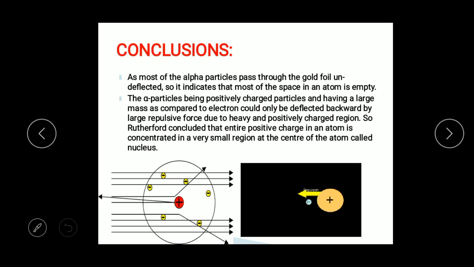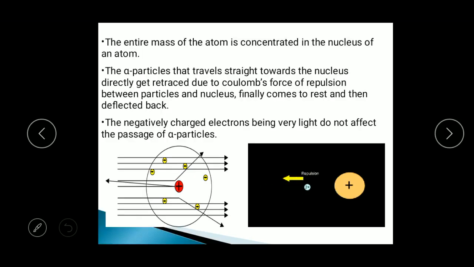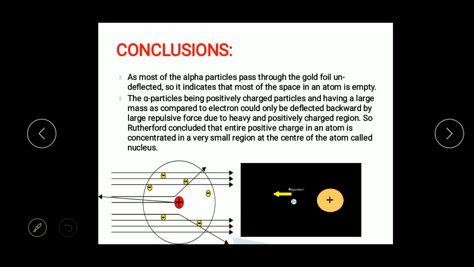So it is also called the nuclear atomic model. Then the next conclusion is that the entire mass of the atom is concentrated in the nucleus of an atom, right? So the first conclusion is that most of the space in an atom is empty.